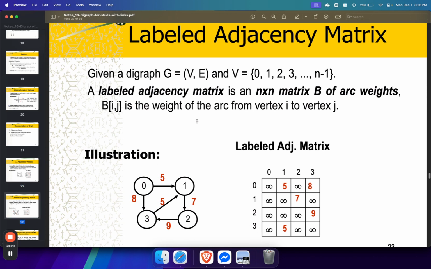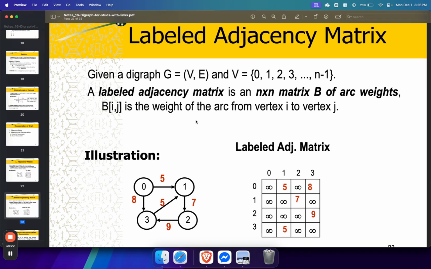Next, labeled adjacency matrix. So given your digraph G, which contains vertices and edges, V is a set of vertices that contain numbers from 0 to n minus 1.